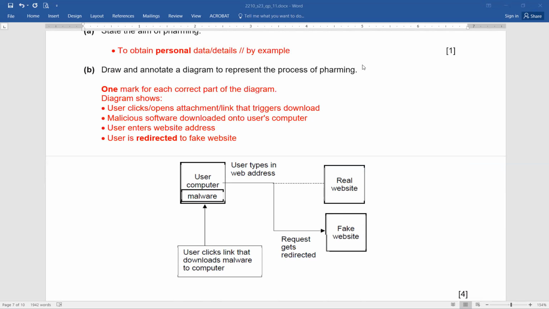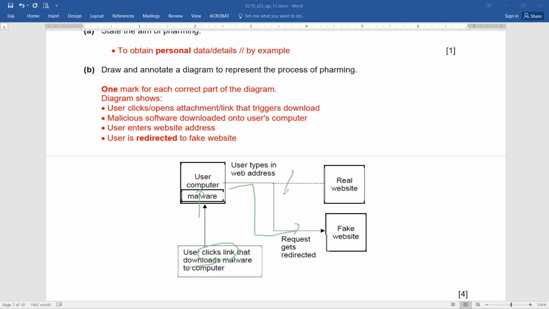now be very, very attentive. The keyword that is very important is basically the clicking of the link. You are clicking the link, and with this link clicking you are downloading malware, and this is going to attack your computer. Although you're typing the password, you are taken to a fake website.